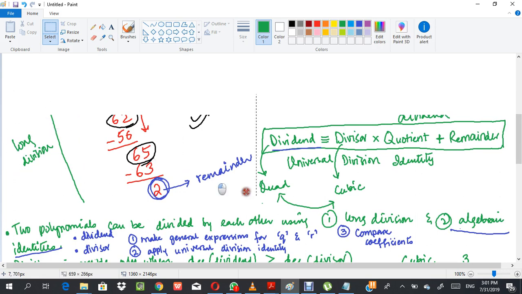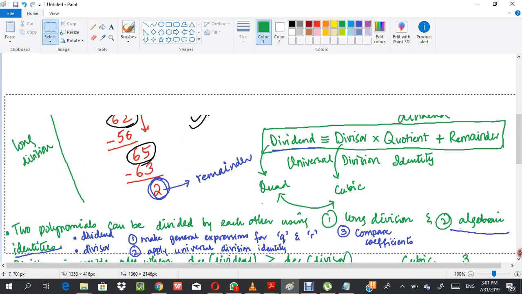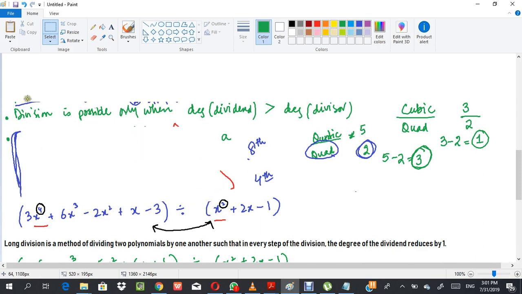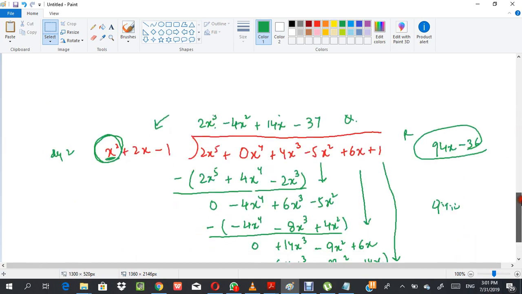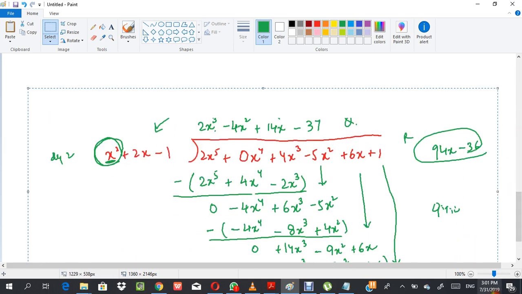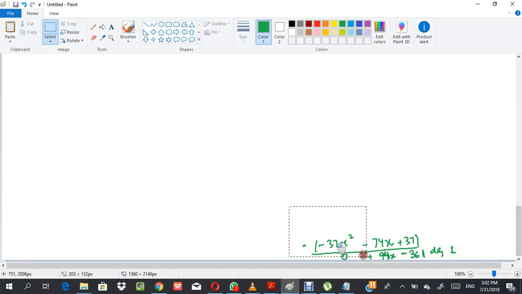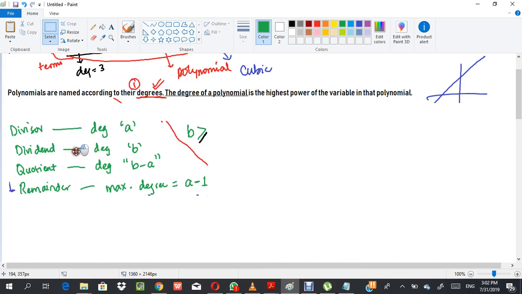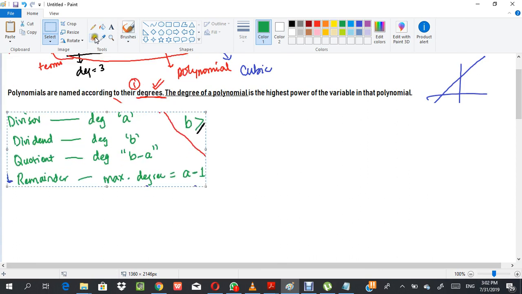We'll keep this intact. So let's remove the dirt now.